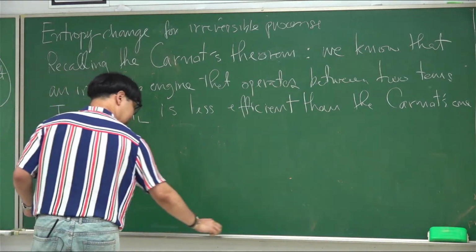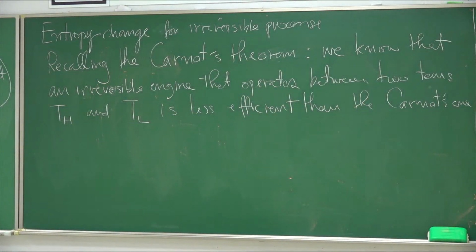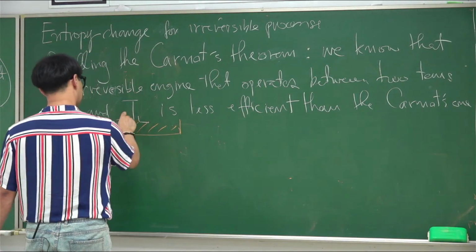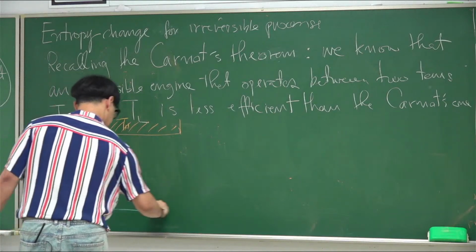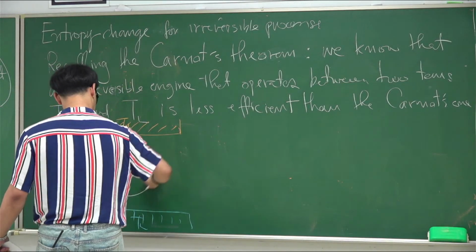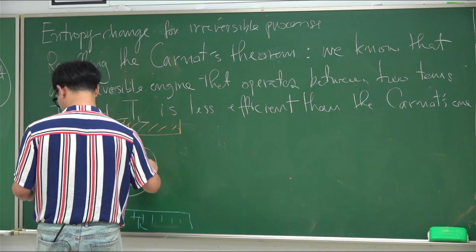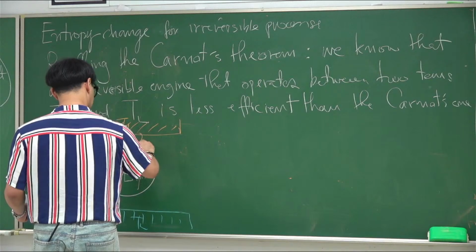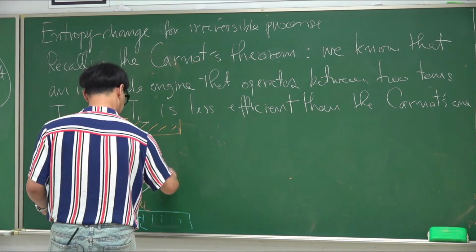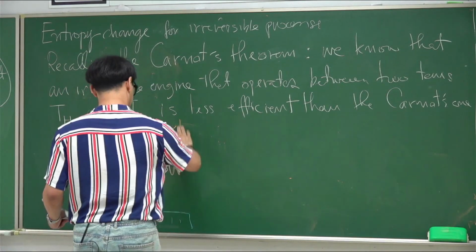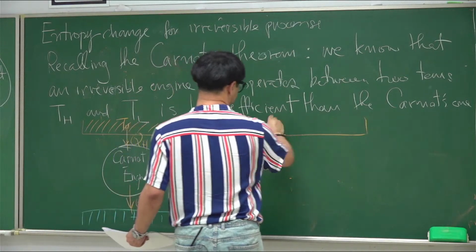And so suppose again that we have, let me draw here, this is a hot reservoir, and this is the cold reservoir. All right, and then you have a Carnot engine, and you have heat flow in and flow out, and then you have work done here. And so I can extend.